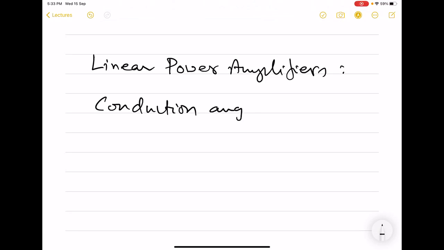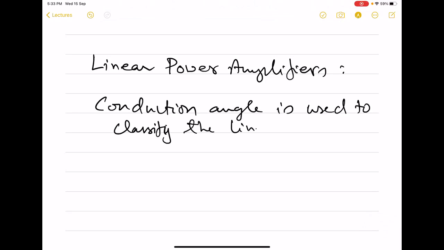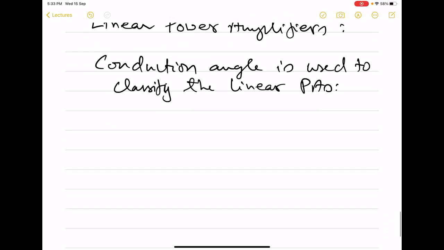Conduction angle is used to classify the linear power amplifiers. Now, let us see what we mean by conduction angle.